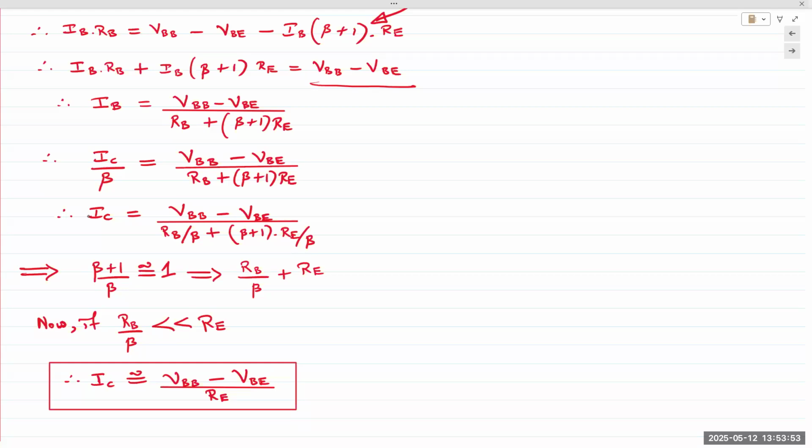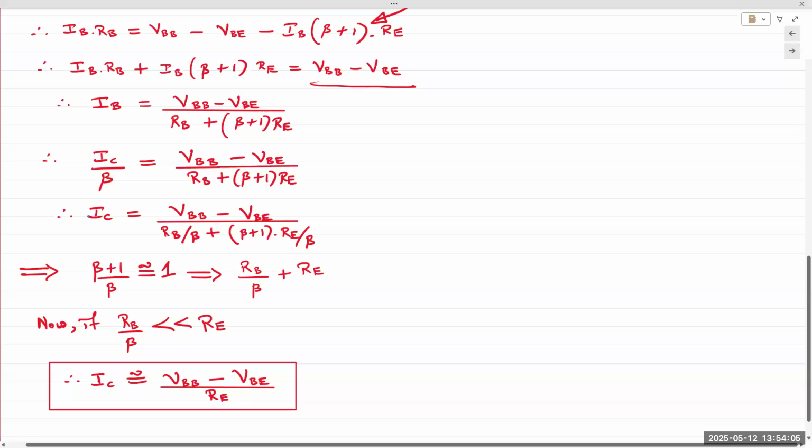So beta plus 1 over beta would be approximately equal to 1. So we can write this as simply RB over beta plus RE. So this is gone. And that's an approximation. So beta will affect it, but not to a large extent. I mean, the effect will be very minimal.